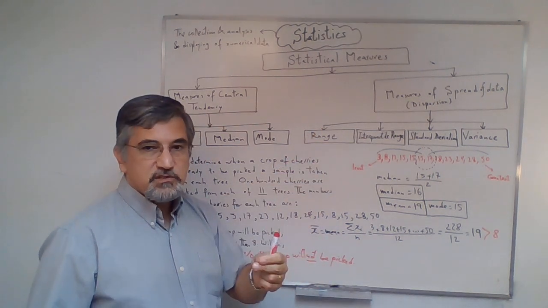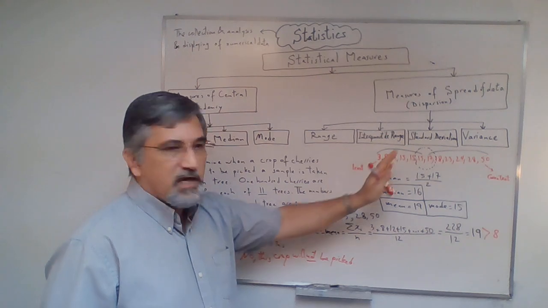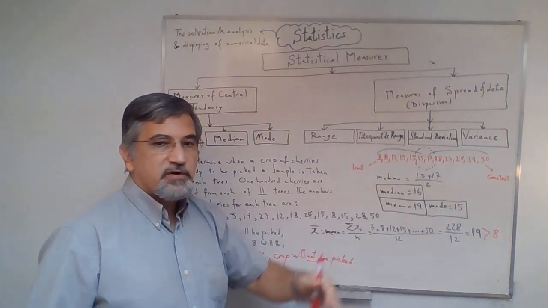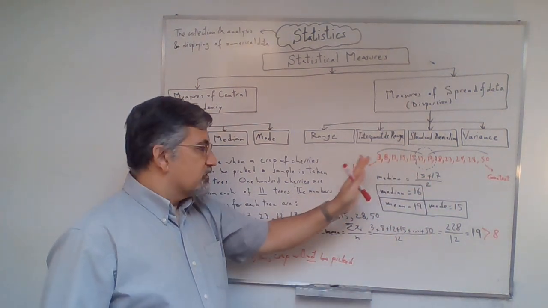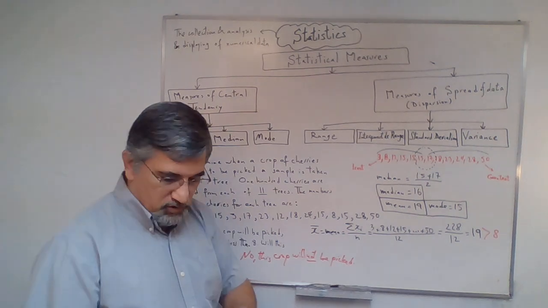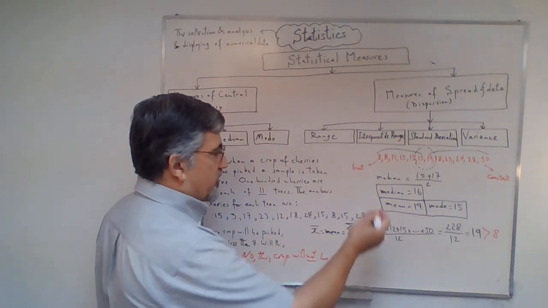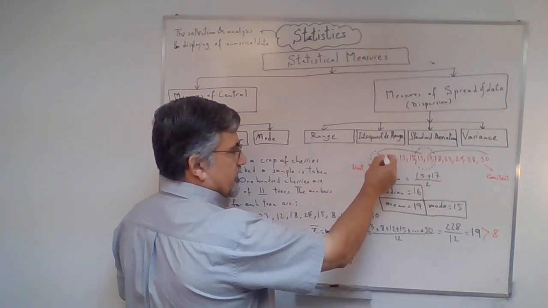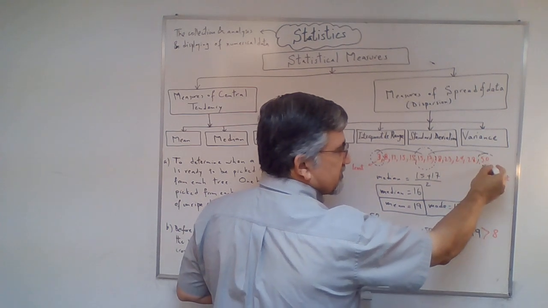It's simply the difference between the least and the greatest value. So if you grab the greatest value, subtract the least value from it, that will be the range. Right now here, we know that the least value is 3 and the greatest value is 50.